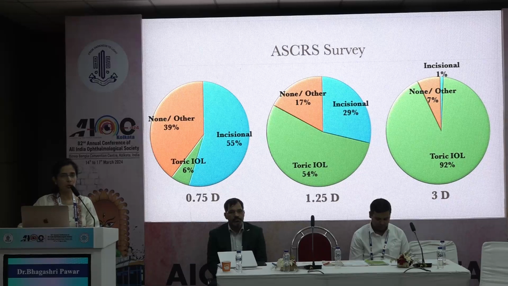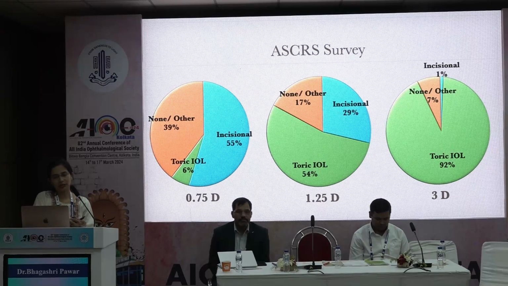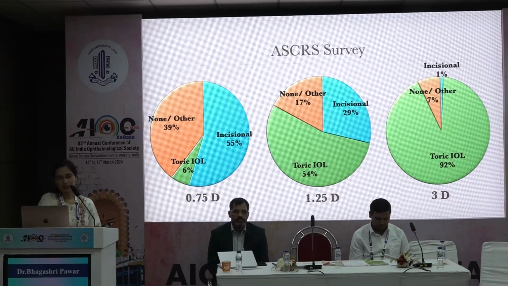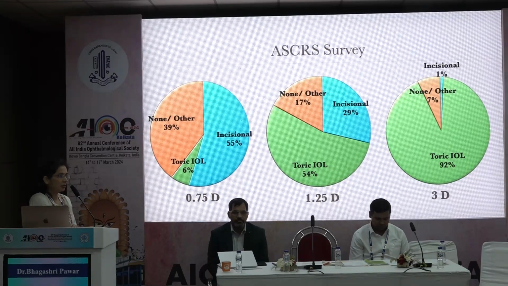So it's good to know our prevalent practice patterns. This is a survey done by the American Society of Cataract and Refractive Surgeons. In this survey, they divided the astigmatism into 3 categories: mild, moderate, and severe. For each category, they asked the surgeons how they would deal with this astigmatism.